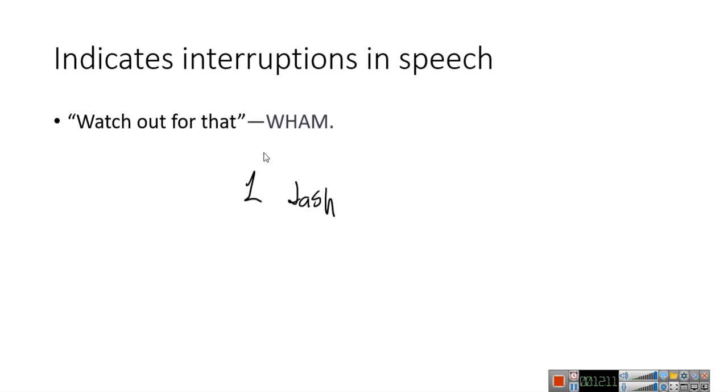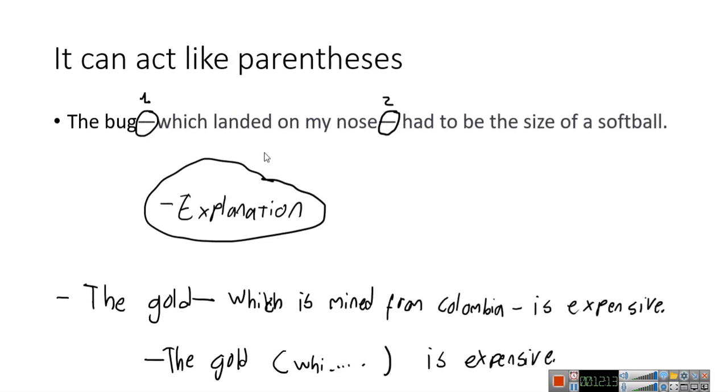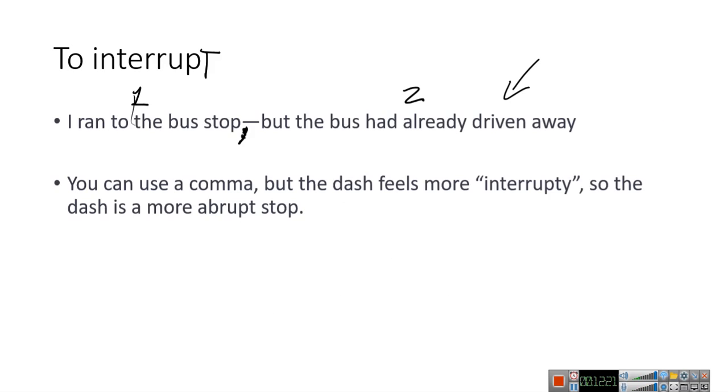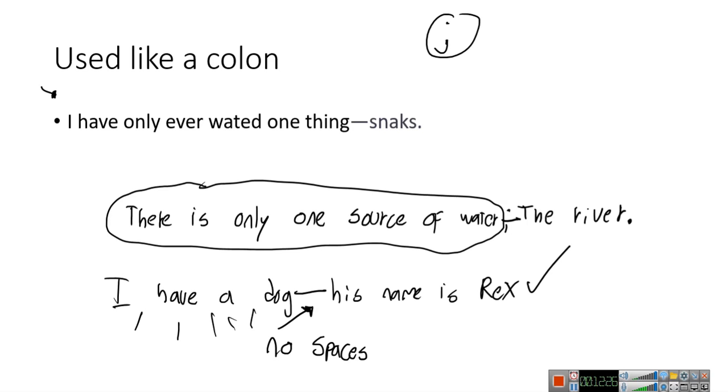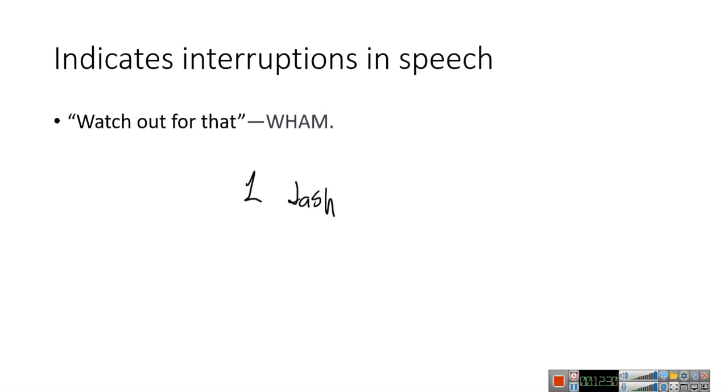And that's it. So in summary, there are 4 uses of the dash, which is the longer dash, remember, longer. First one is to interrupt. Second one is to act like a parenthesis. Third is being used as a colon. And the fourth one indicates interruptions in speech.